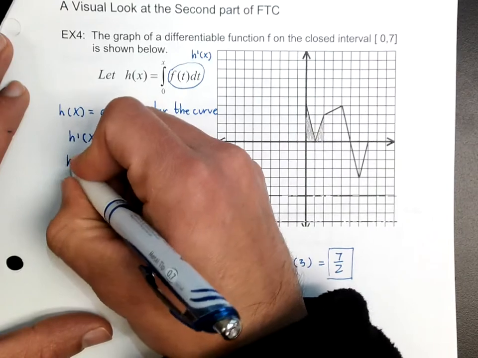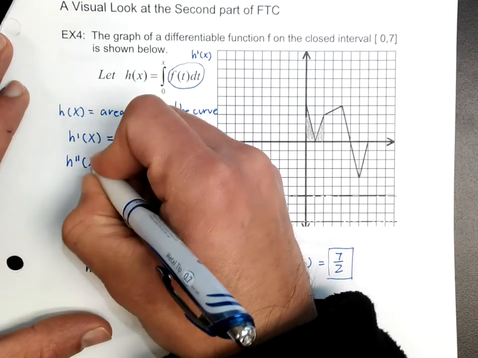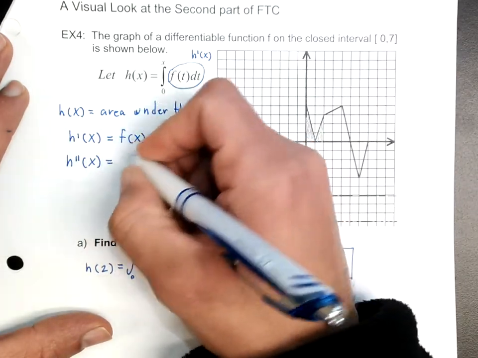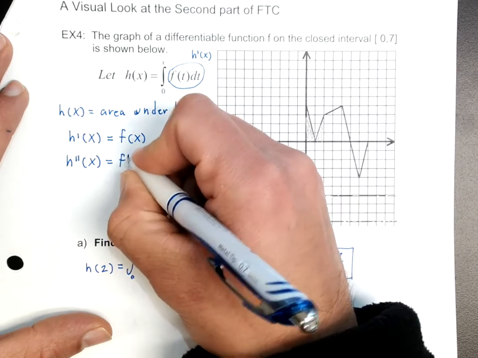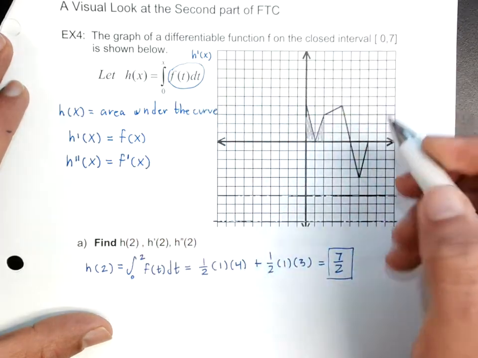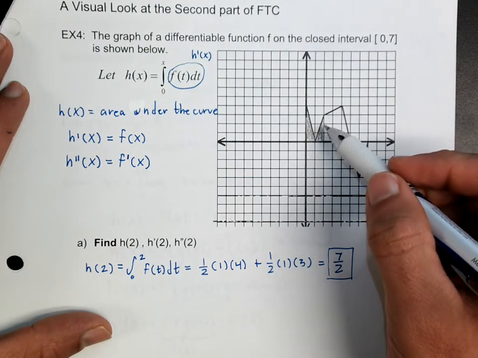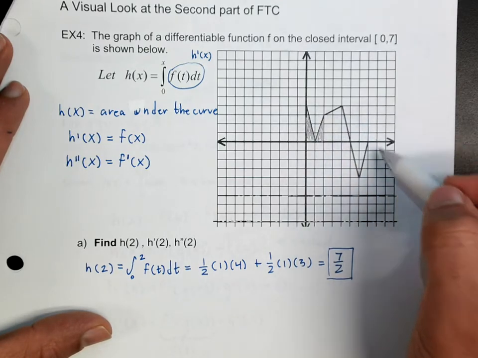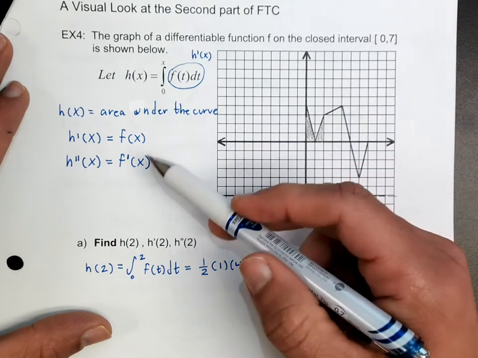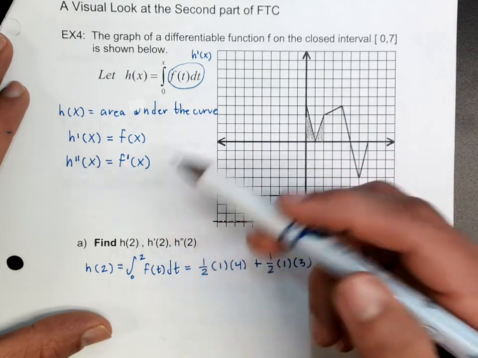So that also implies that the second derivative of h is the first derivative of f. So if we're looking for slopes, the slope of all these lines at each point would be the second derivative of h.